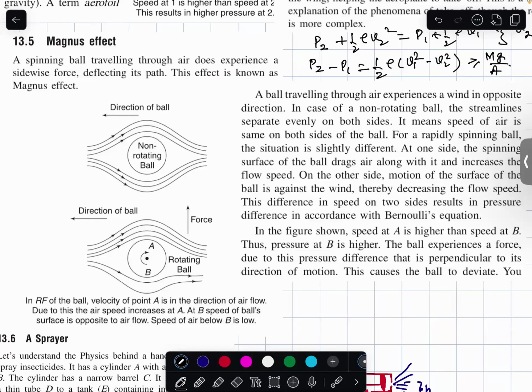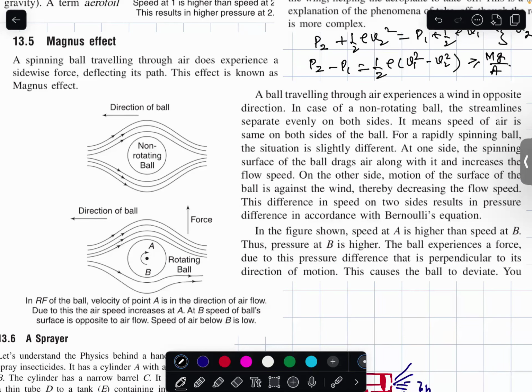It goes to a slightly greater height than it should because of this spin. And this effect is called Magnus effect. For a rapidly spinning ball, you are seeing the situation again. And again, this follows from Bernoulli's equation. And this principle is Magnus effect.